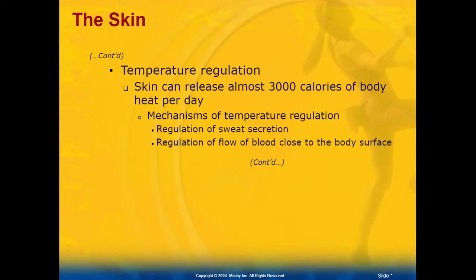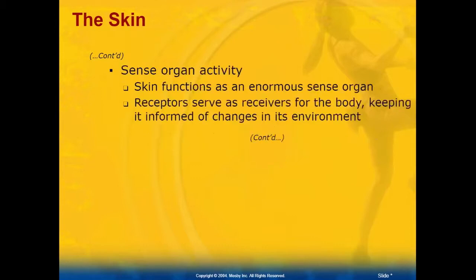Temperature regulation. We know we sweat through our skin, which is a good thing. Those eccrine sweat glands are really working to produce that sweat to cool off our body temperature. So temperature regulation. And sense organ activity.